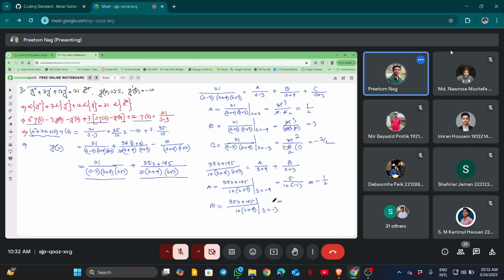And here 35 into minus 3 plus 145, that is 40. 40 by 10, minus 3 plus 4 is 1, which is 4. So I believe we are very close to getting our result.